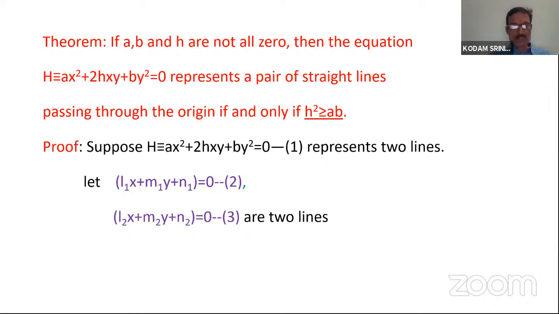They may or may not pass through the origin. I am taking those two equations as L1x plus M1y plus N1 equal to 0 and L2x plus M2y plus N2 equal to 0. Now, writing the combined equation of those two straight lines, S equals L1x plus M1y plus N1 into L2x plus M2y plus N2 equal to 0.